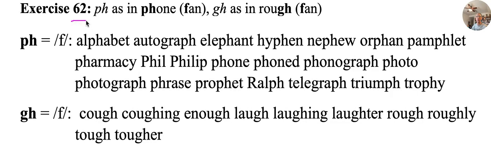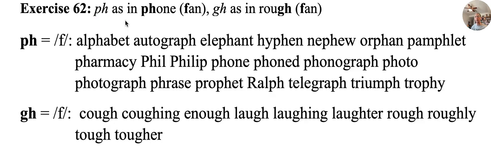This is exercise 62, Natural Phonics Primer, a Universal Safety Net for Literacy. We're going to be doing one sound, and the sound is f, as in the word fan. That's the phonovisual key word, f. It can be spelled PH, which, by the way, is a Greek spelling.